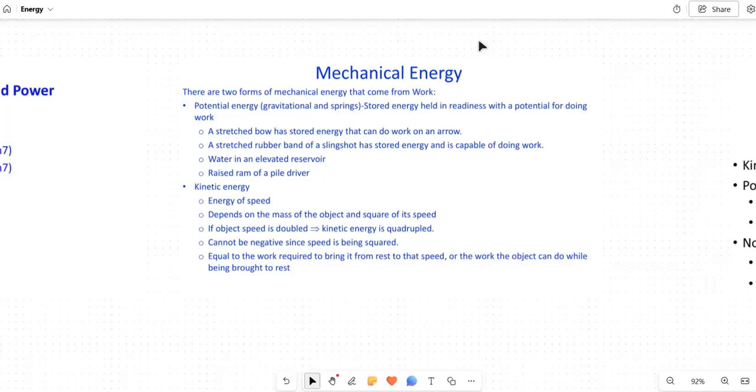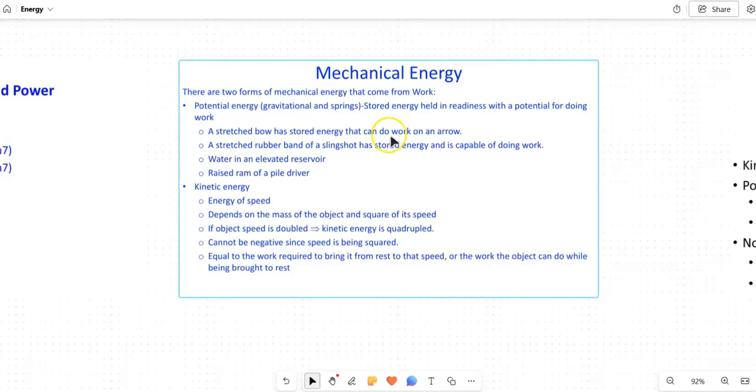You've used your muscles to raise it up that height, and now that energy is just held in place and waiting to fall. Another interpretation of that is if you pull a spring, that restorative force is waiting to snap it back to its original position.